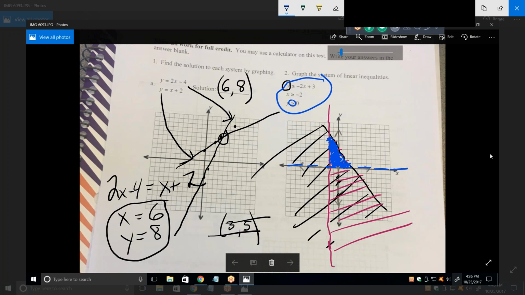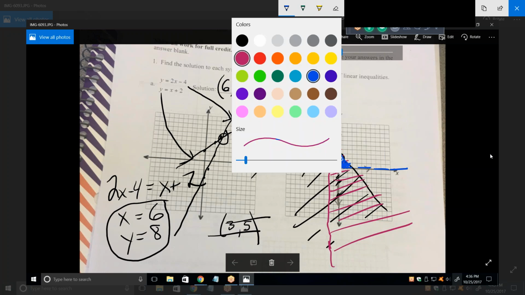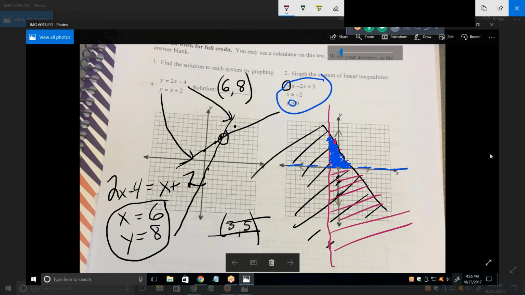Now, let me ask you a few questions here that aren't obvious. Is that point on the area of interest? Which point? The one I just drew in there, the big pink dot. It's on the black line. Yes, good answer.